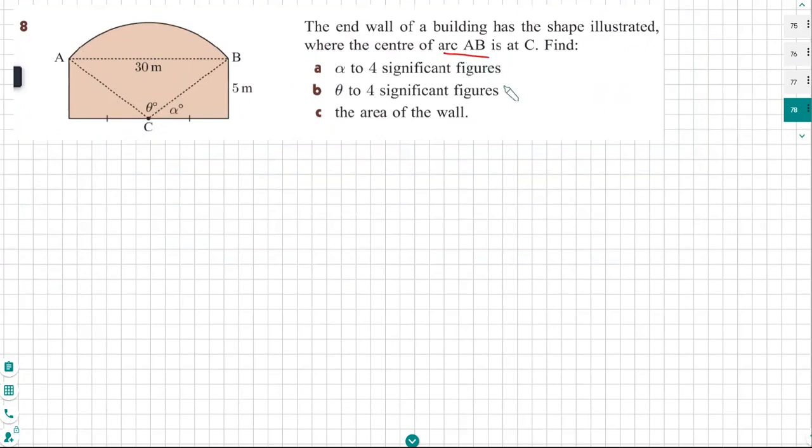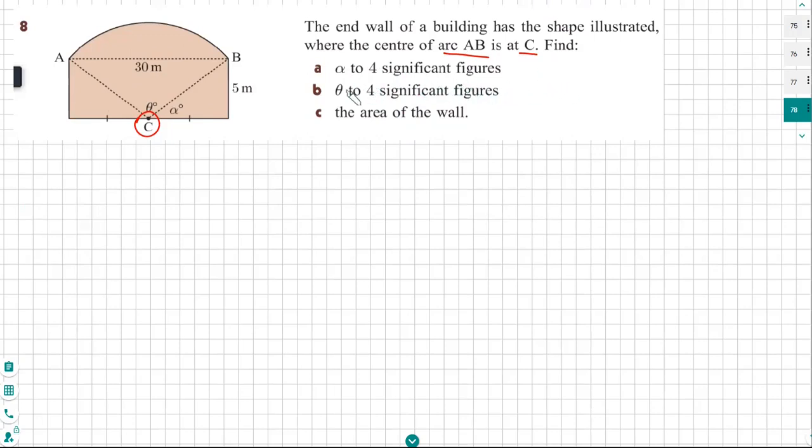Obviously an arc is a part of the circle, so it must have a center, right? And it says the arc center is at C, at this point. So find alpha for 4 significant figures.